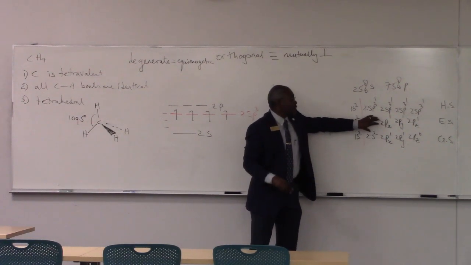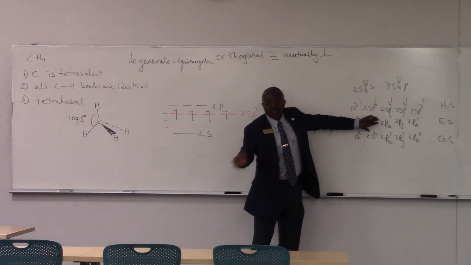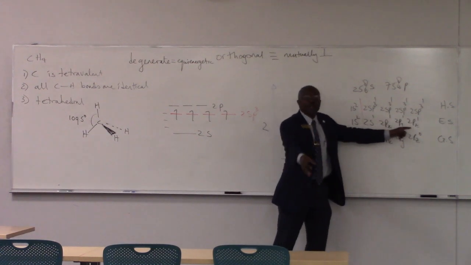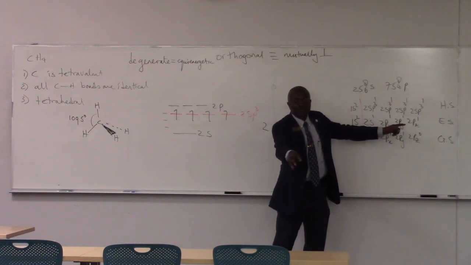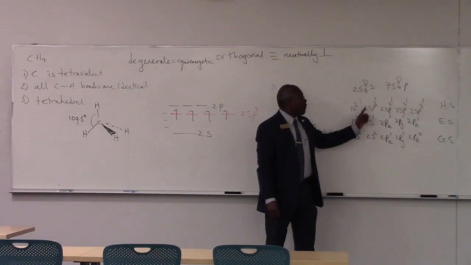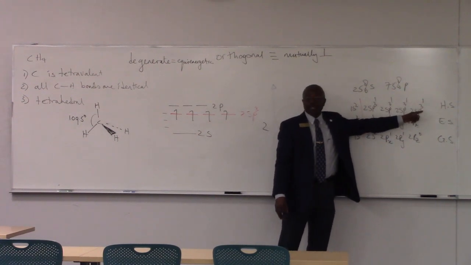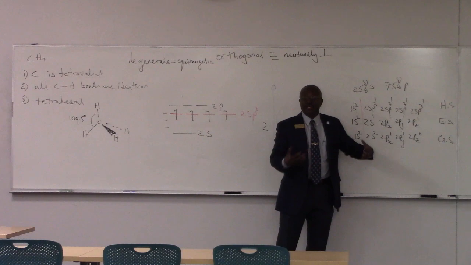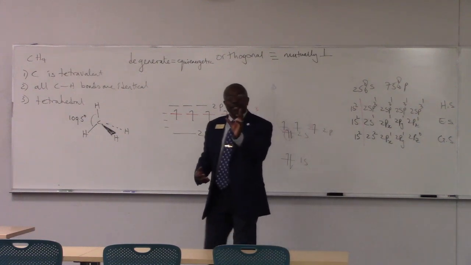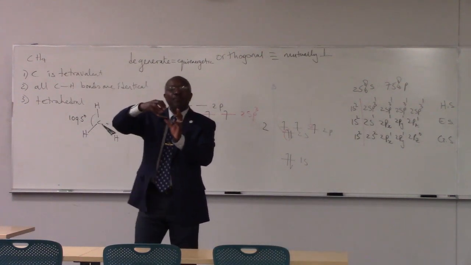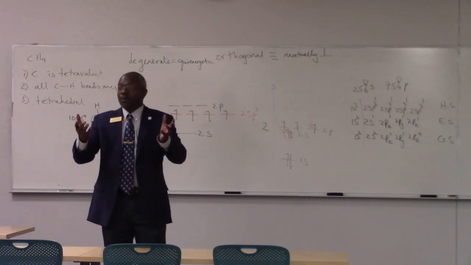So they gave rise to 2s-1s overlap, a short strong bond, and 2p-1s overlap, long weak bonds. That's not happening here. All of these bonds are sp3, so they're all of identical type. So when the sp3 of a carbon overlaps with the s of a hydrogen, all the bonds are identical.